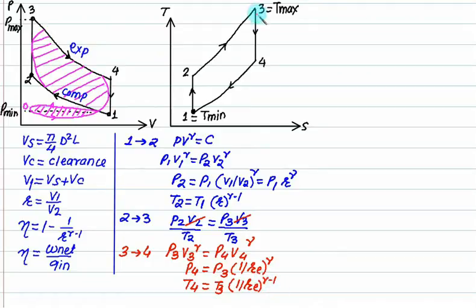Remember, T3 is more as compared to T4, so that is why it is 1 by RE. And T2 is more than T1, so this is R to the power. R and RE, they are the same quantity. So these are the end conditions you can find out.